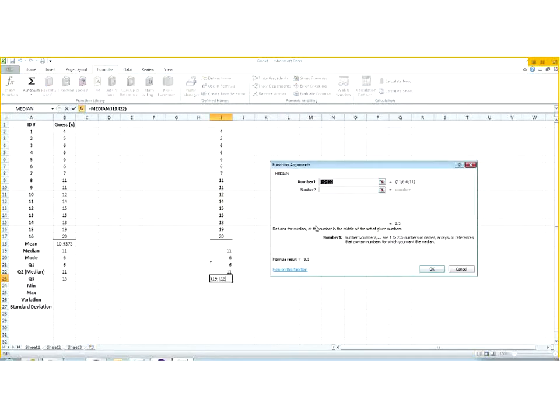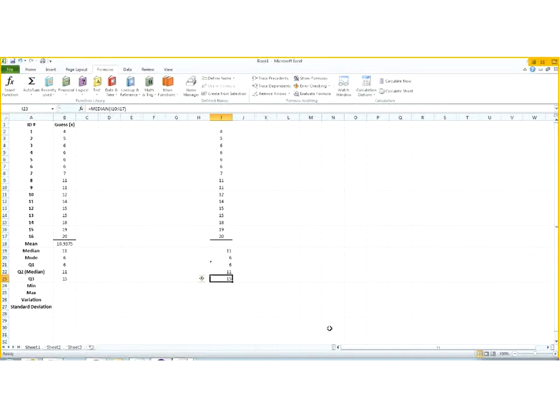And again, I look at what it says where it says number 1, and it's not the right cells. I'm not calculating the median of the correct thing there, so I need to click on the first one that I want, hold the Shift button down and click on the last one, and it puts the cell numbers in that I want it to work with. And I tell it OK, and it says, hey, it's 15, which is exactly what we got before. Okay?